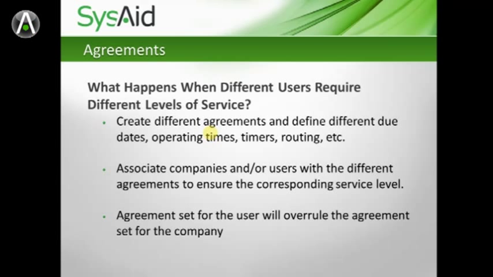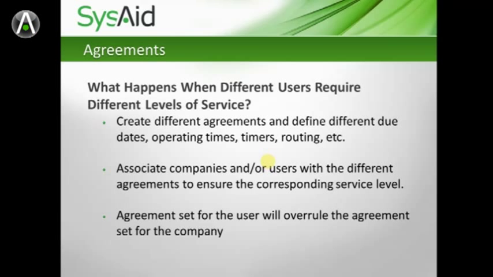For example, if you provide IT services to external companies, if you're an IT consulting business, then you could create a few different levels of service as different agreements, and then associate the companies with their appropriate agreements. Furthermore, you could also set up users to different agreements than what the company has.